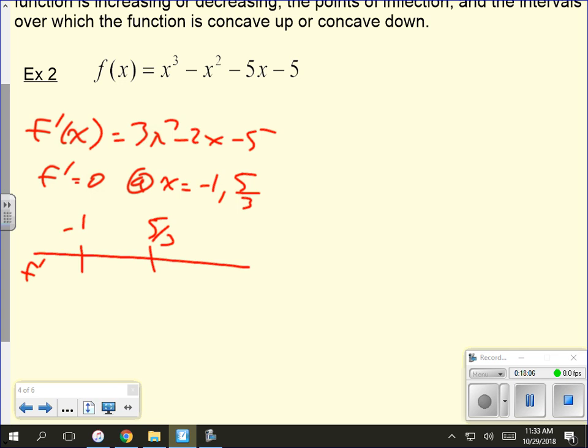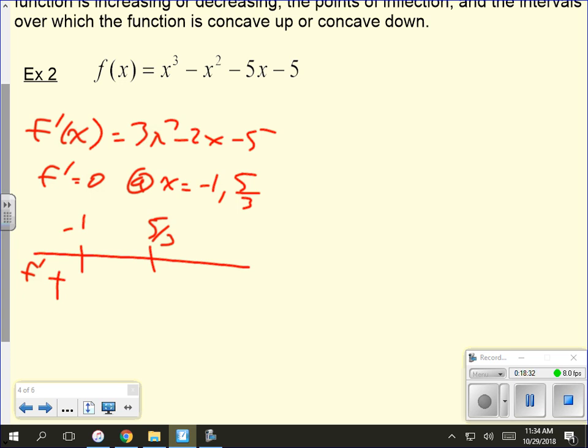I try a number smaller than -1, -100. I take -100 and square it, and that's much bigger than all the rest combined. So that's positive. I pick a number between -1 and 5/3 and plug it in, 0.